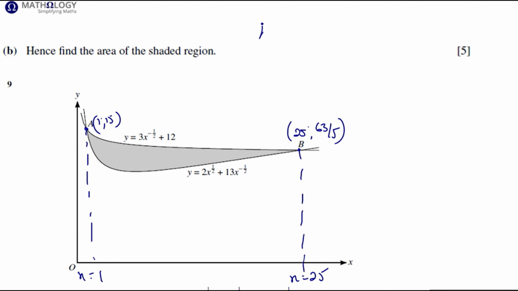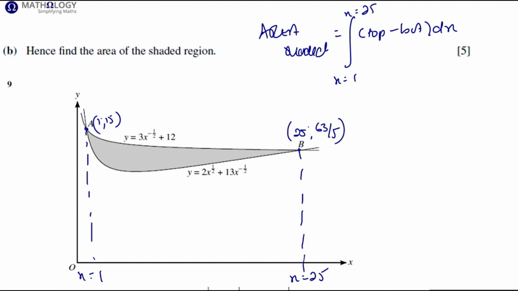So the area of the shaded region will be the integral from x equals 1 to x equals 25. And the area will be the top curve minus the bottom curve. I'm just going to write it as top minus bottom for now with respect to x.